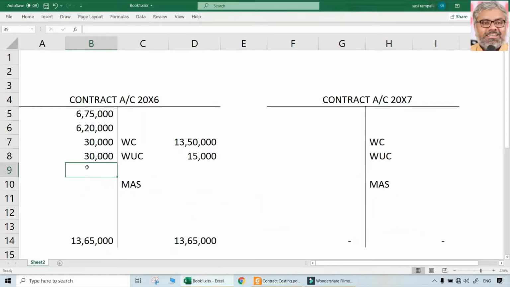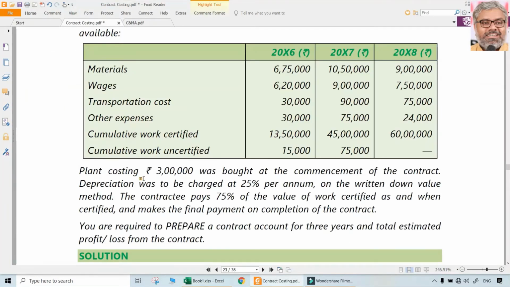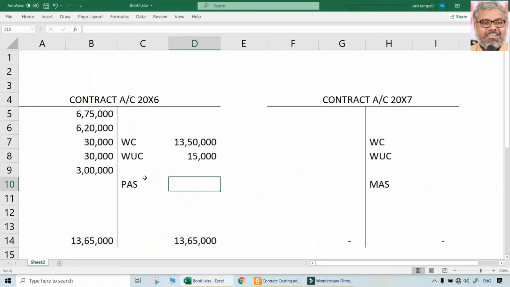Plant costing 3 lakhs was bought at the commencement of the contract. So 3 lakhs rupees plant debit to the contract account. And we can have a plant at site at the end of the year. How much depreciation was charged? He said 25% was charged on the written down value method. So it will be only 75% of whatever is original. So 2,25,000 is the plant at site. So what is the total of this? 15,90,000.